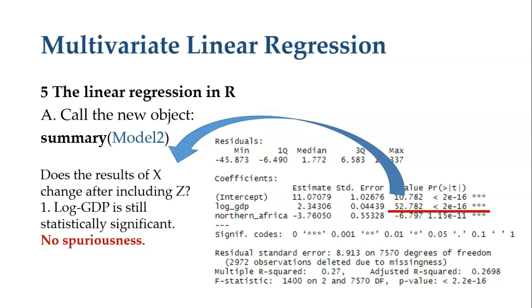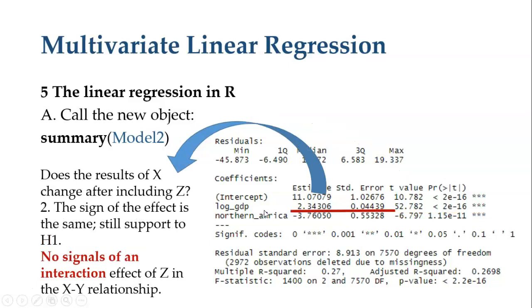If it is not statistically significant, your relationship was spurious. But in this case, the t-values are still large, the p-value is still small, so there's no spuriousness. You're fine. Great. So you can move to the substantive analysis.